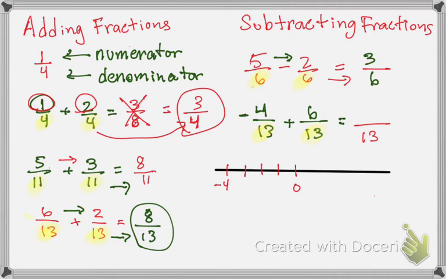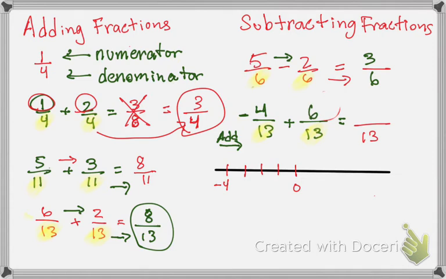And I'm going to be adding. So when you add, you go to the right, and we're going to be going to the right by 6. And I'm getting these numbers from right here. Okay, so I'm going to be going to the right by 6.